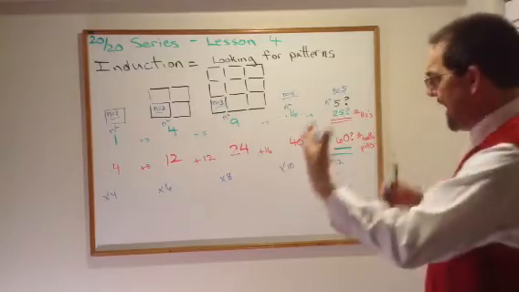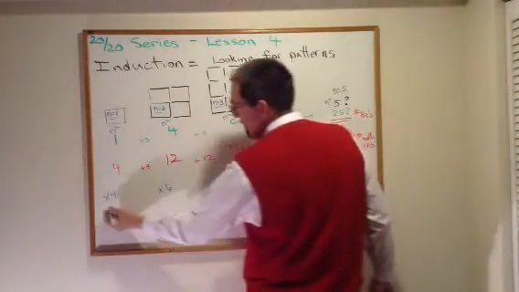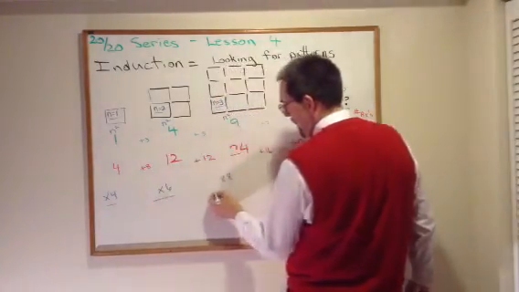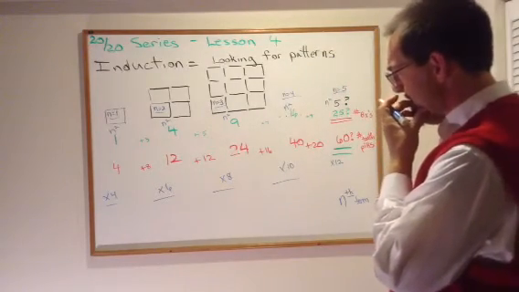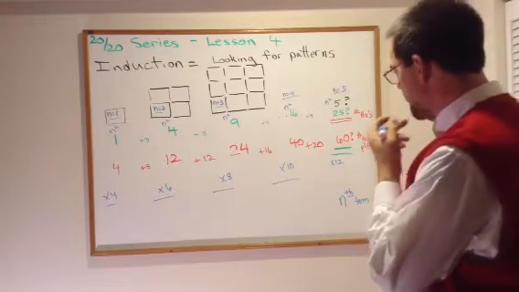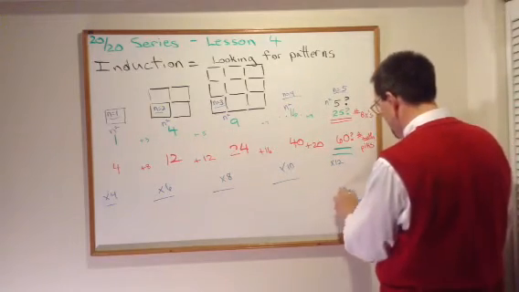Interesting trying to find patterns here. We can see a pattern. It is growing. Anybody see what to do to get the nth term?